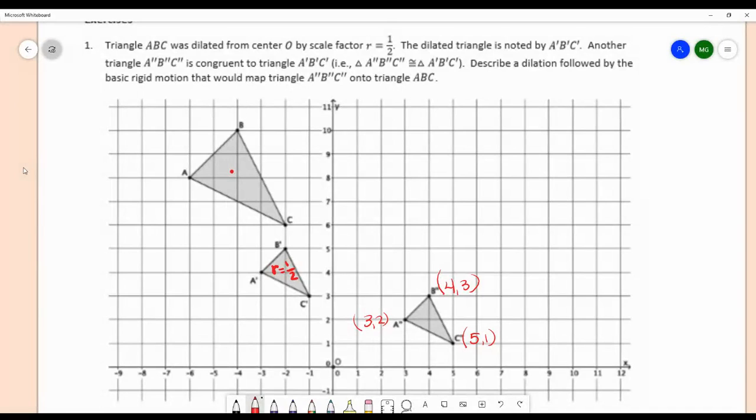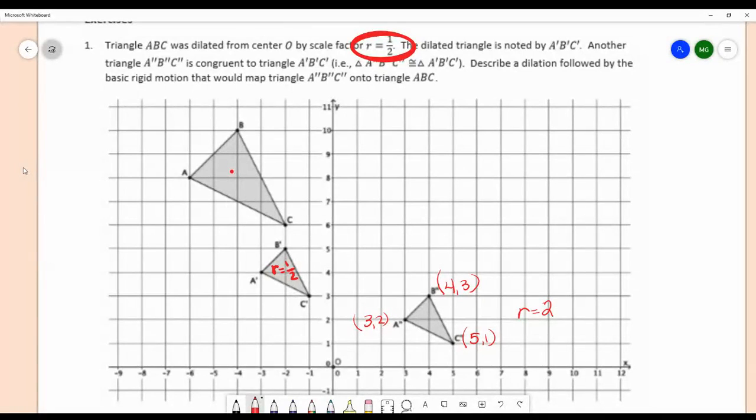We need to get back to our larger shape. To get back to our larger shape, currently our scale factor that we had already used was 1/2. So our new scale factor is the reciprocal of that. Well, what's the reciprocal of 1/2? It is multiplying by 2. Yes, so scale factor is 2.